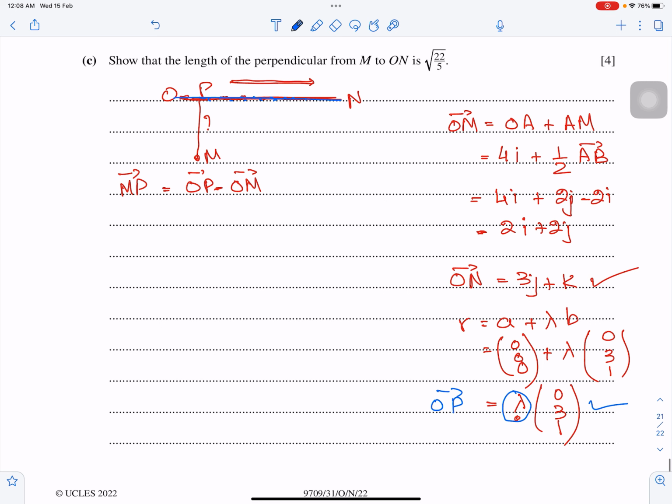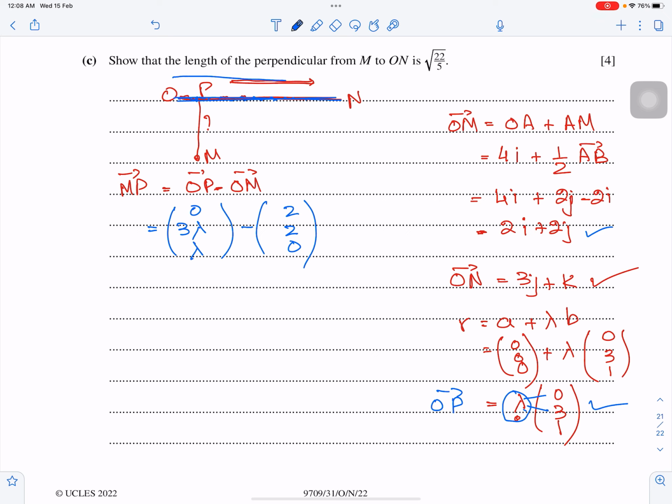So I can write here that OP is lambda times 0 is 0, lambda times 3 is 3 lambda, and lambda times 1 is lambda. And OM was 2, 2, 0. I'm repeating this concept if you have a little confusion in it. When we have to find out OP, P is a point on ON.